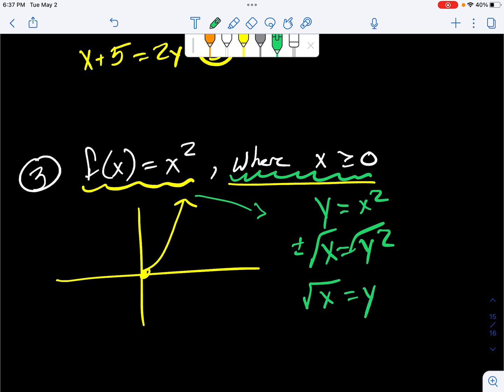We only want the positive. So we don't need to worry about our plus or minus here. Because they gave this restriction, we only want the positive part of the square root. Then we would write it in the form that they like, f to the negative 1. Well, we know that the square root of x is our squirrel's tail. So those two things right there would be inverses.